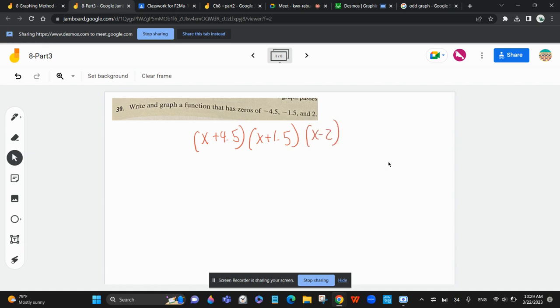Yeah, you leave it like that, it is okay. y is equal to this one, right?